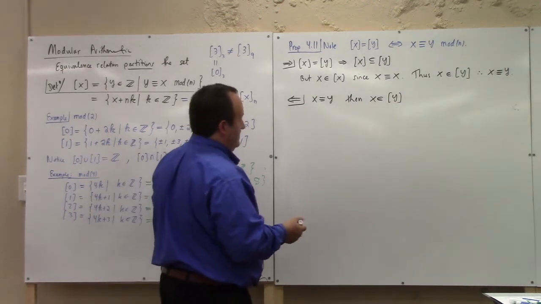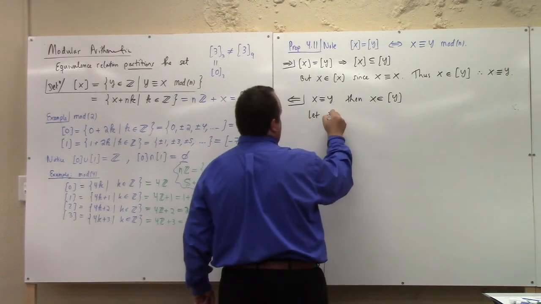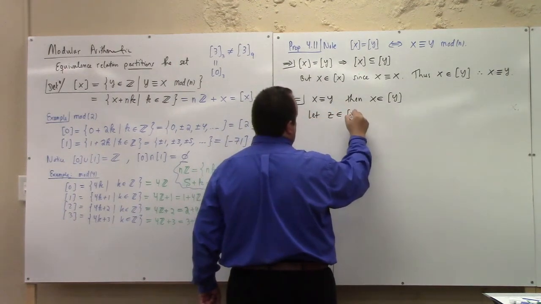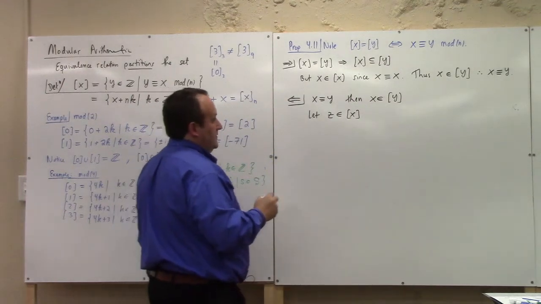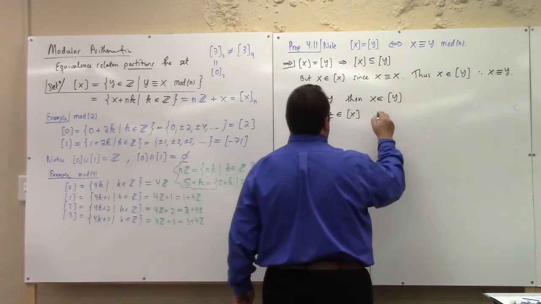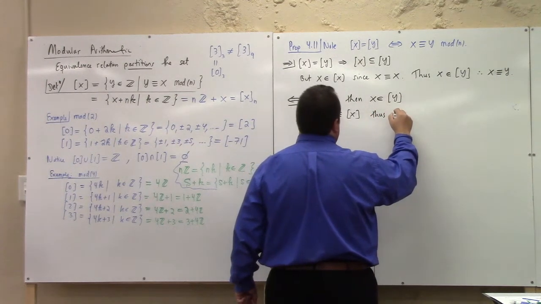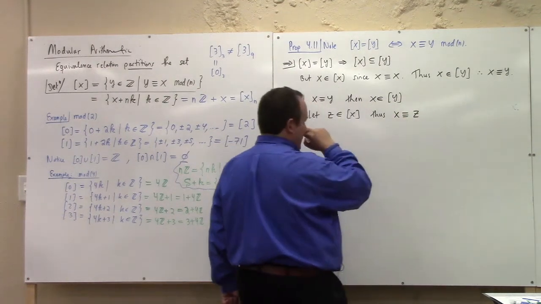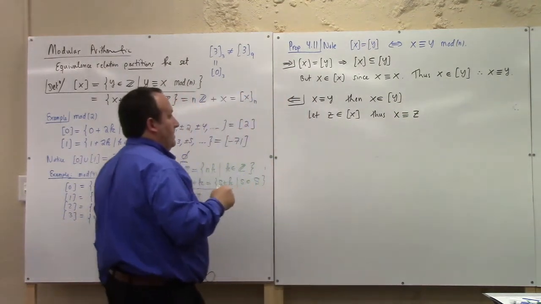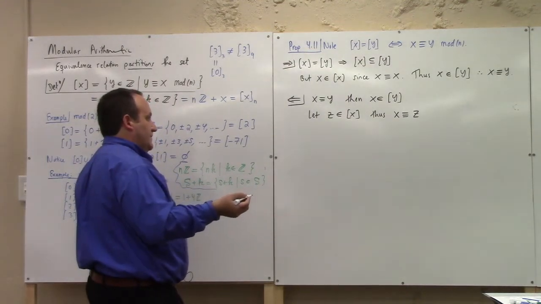All right. So let's see here. Let z be an element of the equivalence class of x. Thus, x is congruent to z, right? So we have x is congruent to z.